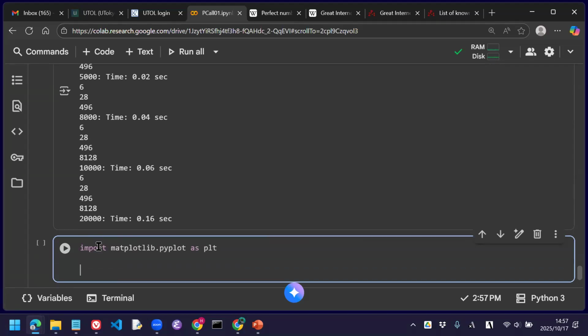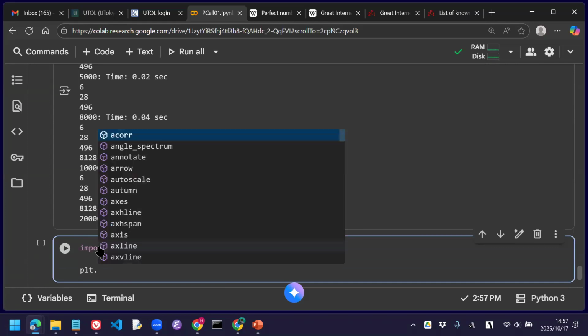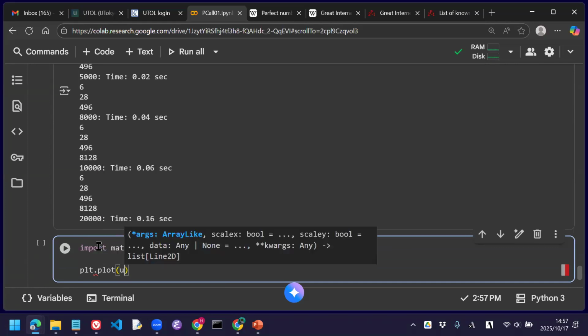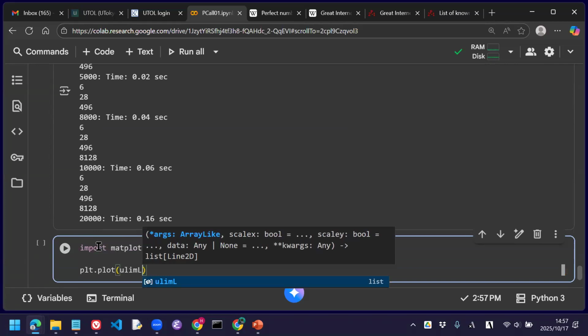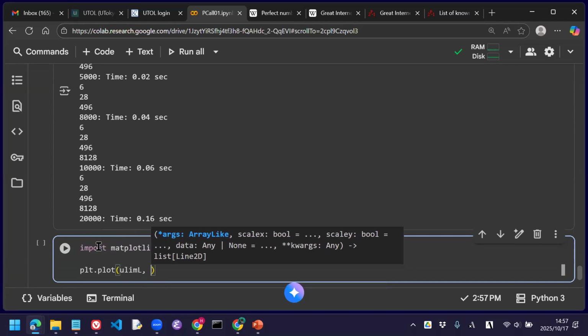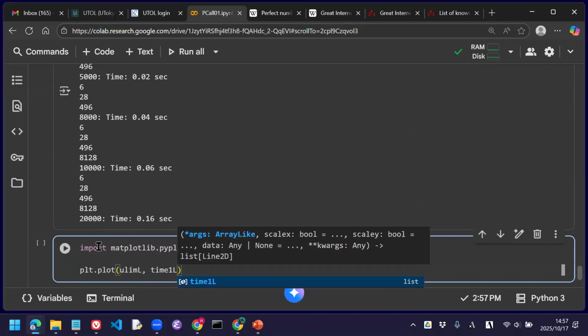This is a conventional way. The easiest way is plt.plot(ulim list, time1L), ulim list for the x-axis and time1L for the y-axis.